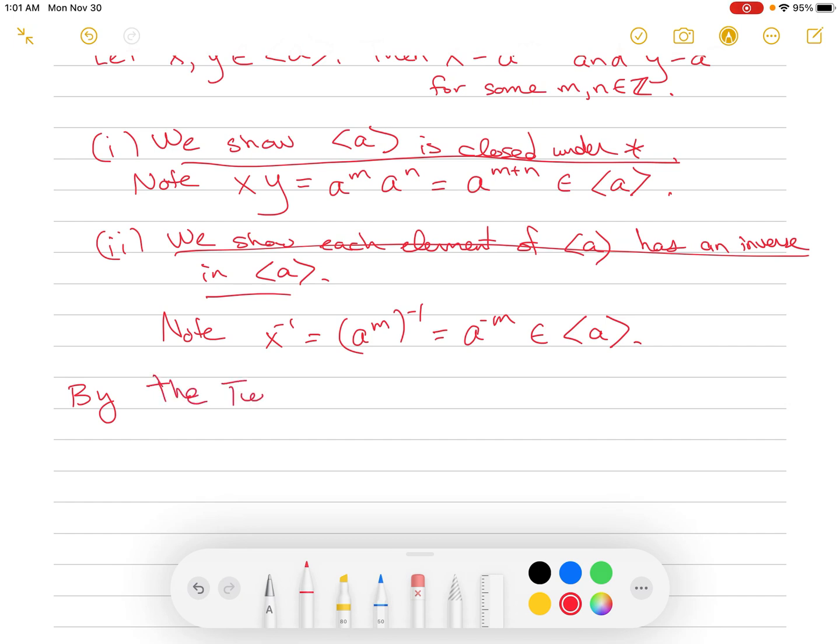So by the two-step subgroup test, angular brackets A, that's the subgroup generated by A, is a subgroup of the group G.